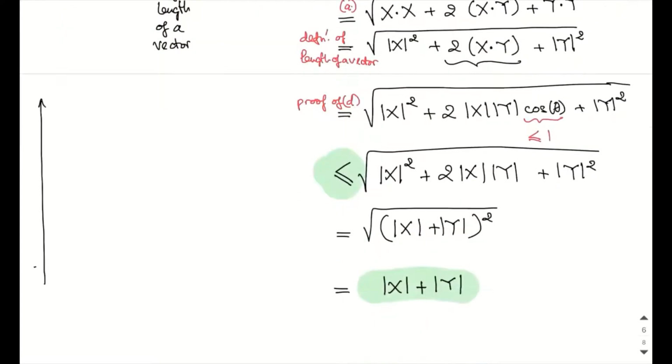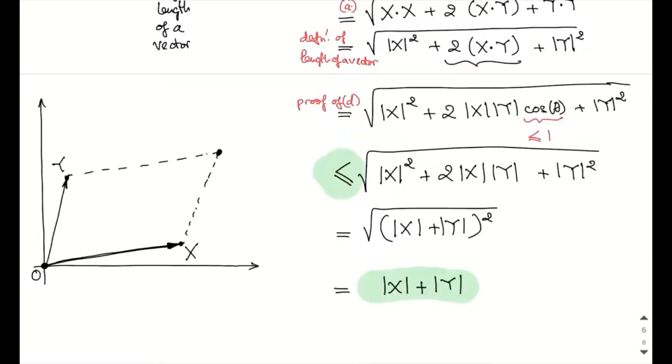For simplicity, I'm going to illustrate this in 2 dimensions, R2. Suppose you have a vector x, the vector y. If you want to compute x plus y, you will have to draw a parallelogram. And then you are going to have a vector that connects the origin and the other point on the parallelogram.